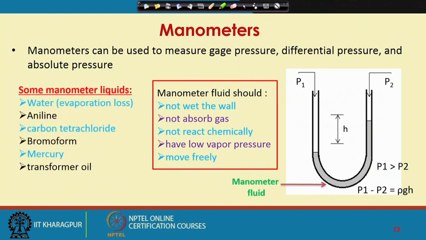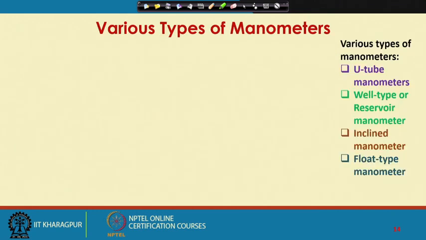Some common manometer liquids are water, but you have to remember that there will be evaporation loss, aniline, carbon tetrachloride, bromoform, mercury, transformer oil. So, these are some common manometer liquids. Let us now talk about various types of manometers.